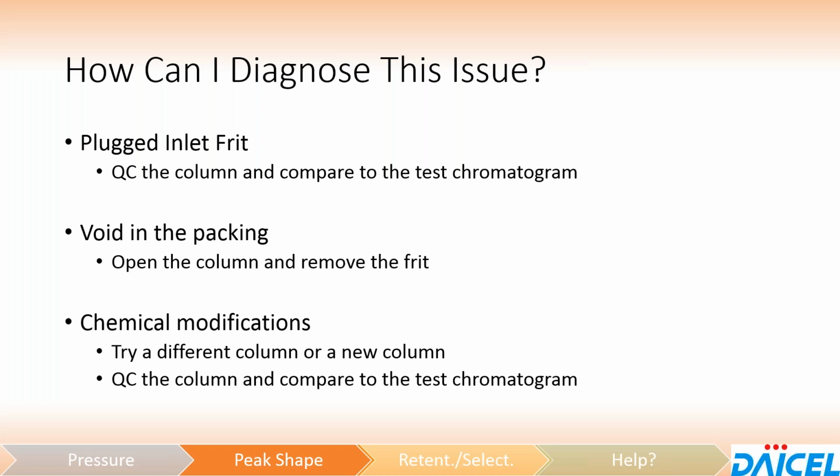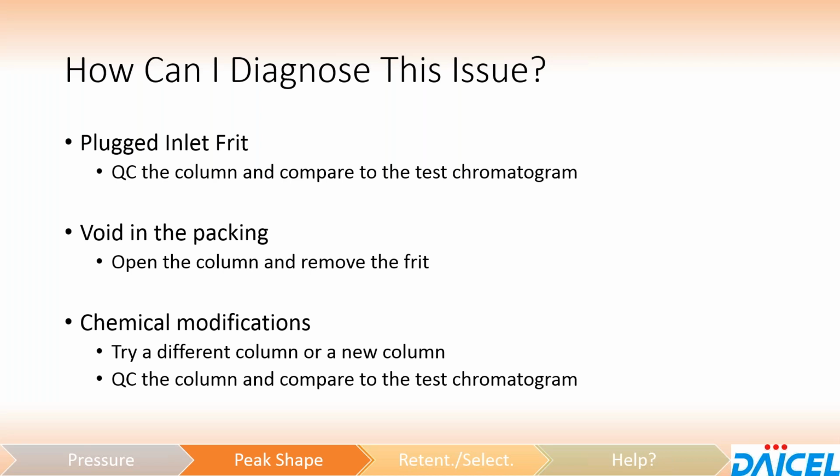If you were to transition to a different column that has not seen that analyte before, you might be able to see a restoration of the chromatography. If it is not related to that, or if it's some other issue, QCing the column again and comparing it to the test chromatogram will show you for sure what it looks like versus when it was initially released from our site here.